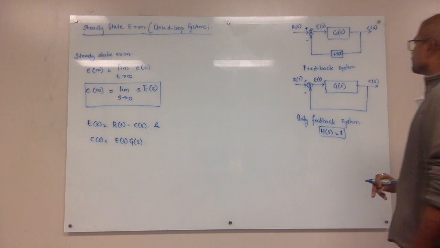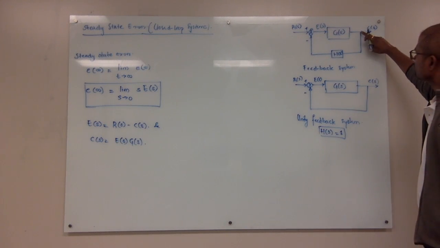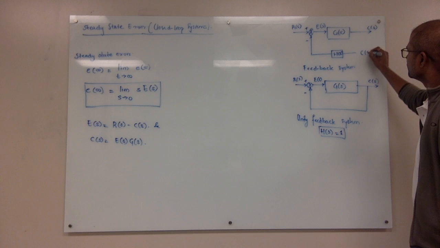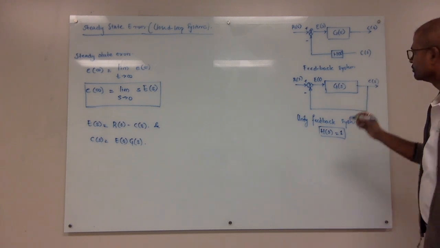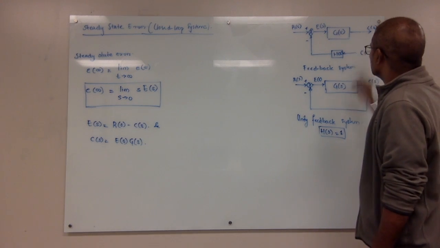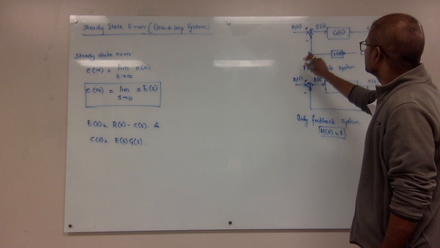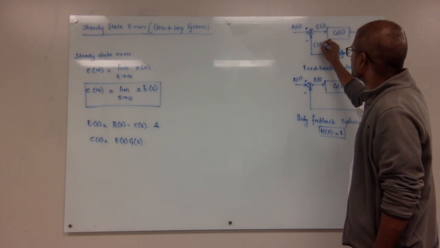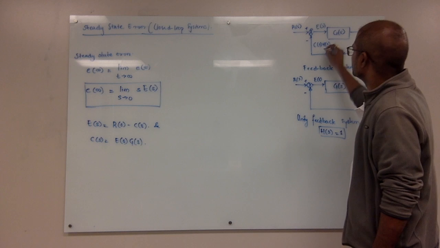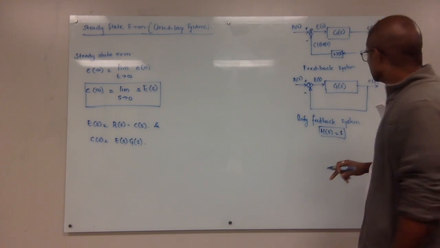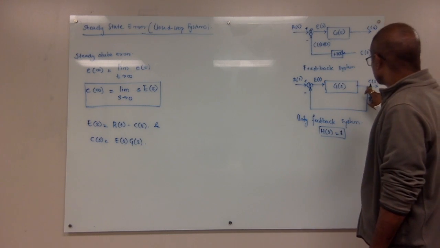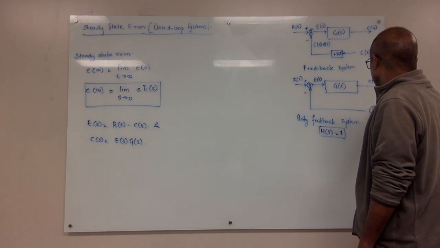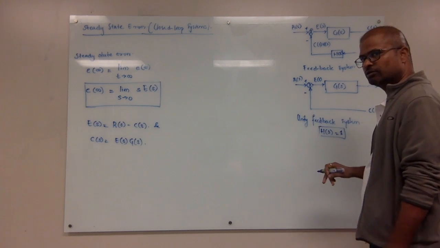You understand? So if I remove this, this will become C of S, right? That's what I told you last time. Remember? So here, what is the signal here? It is C of S, H of S, right? That is going in. If I remove this, it will be C of S. And what is the signal here?